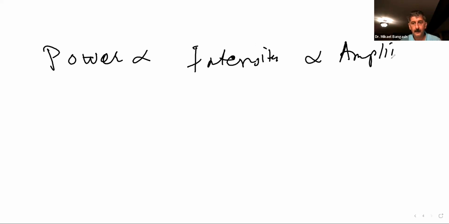Power was directly proportional to intensity, directly proportional to amplitude squared.